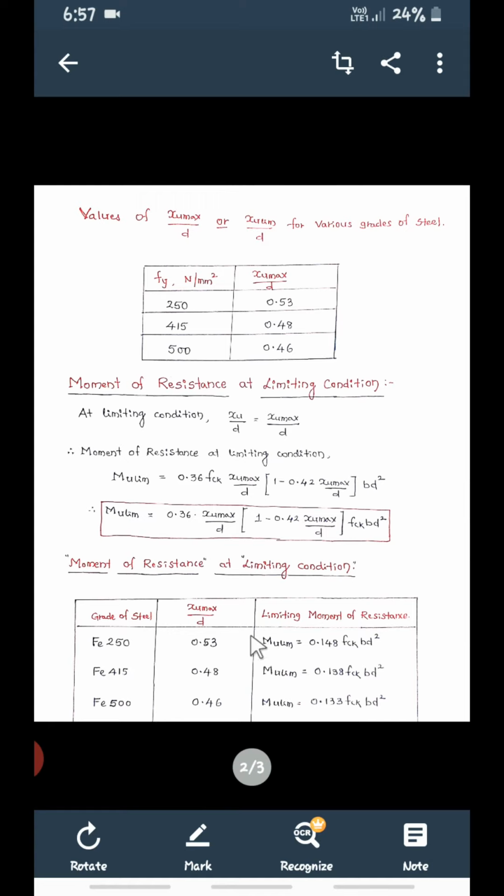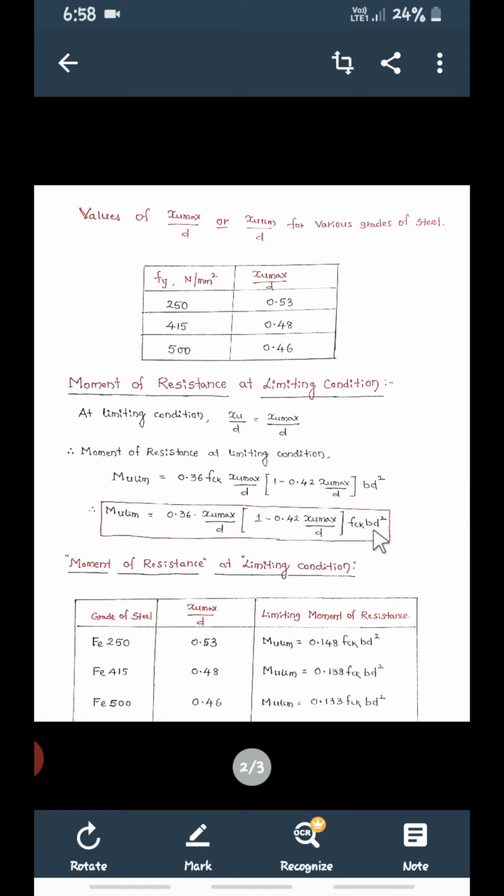Now again in this equation you can see the Xu max upon d value is there. For the 3 grades you can substitute this. Now see, for Fe250, what is the value of Xu max upon d? 0.53. So substitute here 0.36 into 0.53 and here 1 minus 0.42 into 0.53, fck bd square.